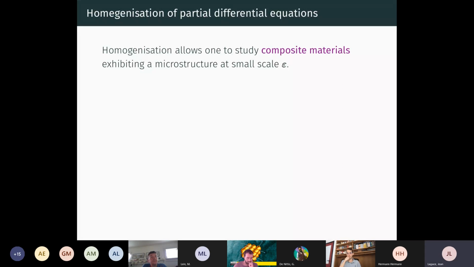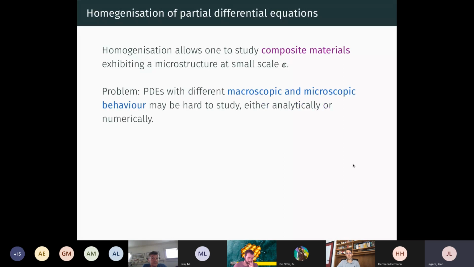Now, the problem is that very often PDEs that have a different macroscopic and microscopic behavior are somewhat hard to study, whether we say hard analytically or numerically. And the reason for that is that often the tools that allow one to study the microscopic behavior are at odds with the tools allowing one to study macroscopic behavior.